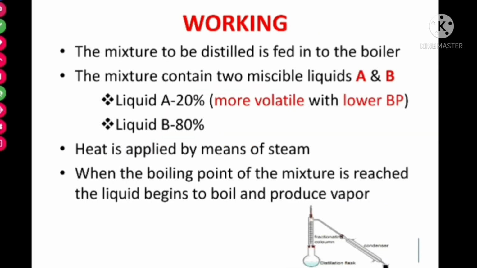Now let's talk about the working procedure of the fractional distillation assembly. Look at this figure. Here you can see our distillation flask. This flask contains our sample, the liquid mixture to be distilled.